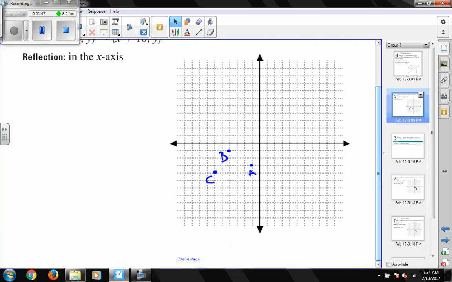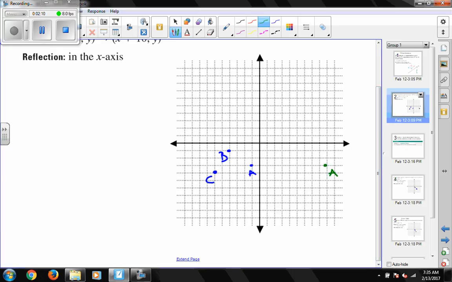So the first thing we're going to do is move every point to the right 10 spaces. So if we look at A, its X value starts at -1. If we add 10 to that, we'll get to +9.